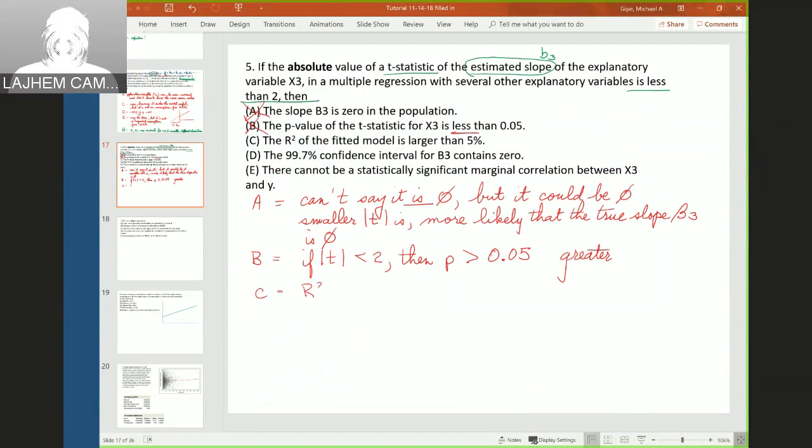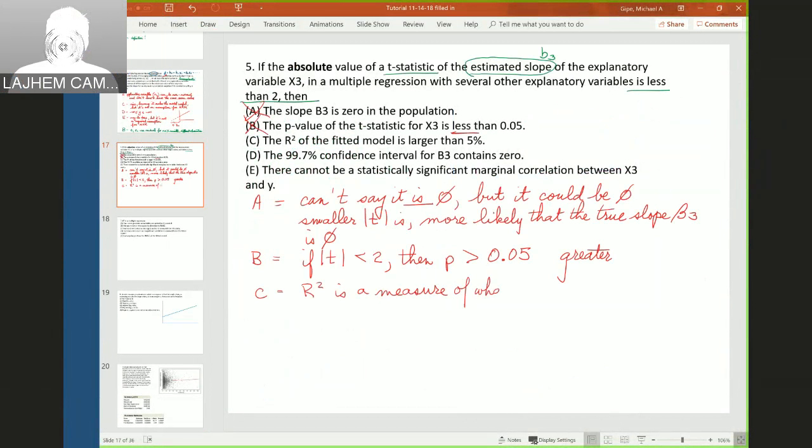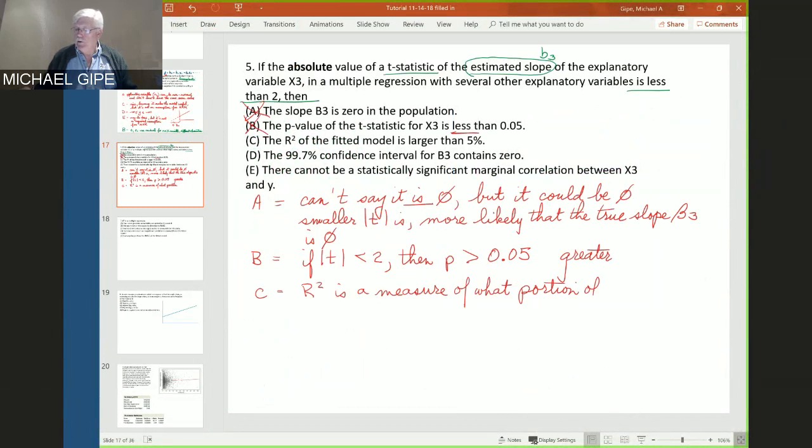Well, R squared is a measure of what portion of variability in Y is explained by the model.